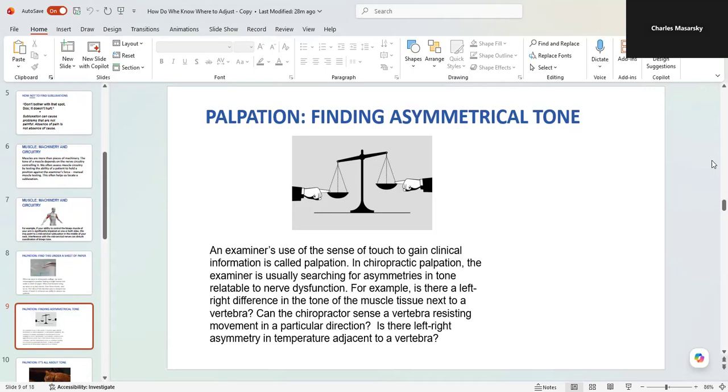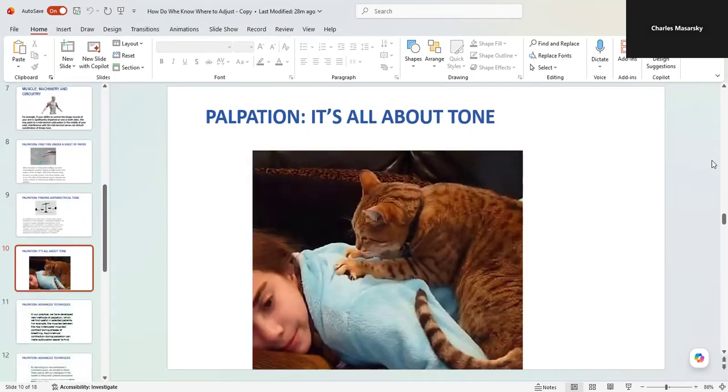In chiropractic palpation, the examiner is often searching for asymmetries in tone relatable to nerve dysfunction. For example, is there a left right difference in the tone of the muscle tissue next to a vertebra? Can the chiropractor sense a vertebra resisting movement in a particular direction? Is there a left right asymmetry in temperature adjacent to a vertebra? So, palpation, like many things in chiropractic, is all about tone.